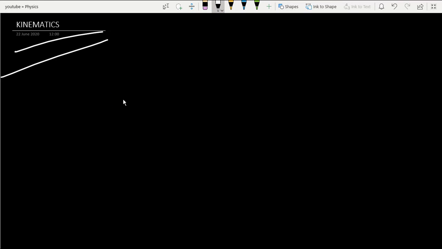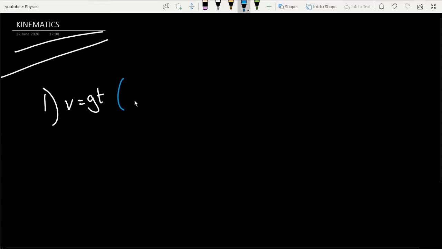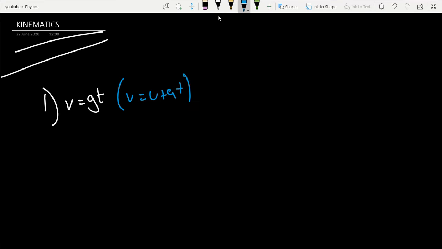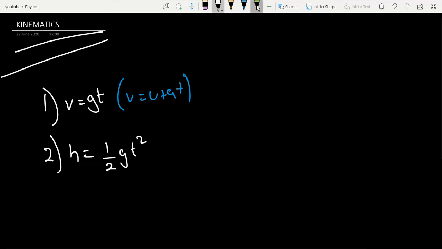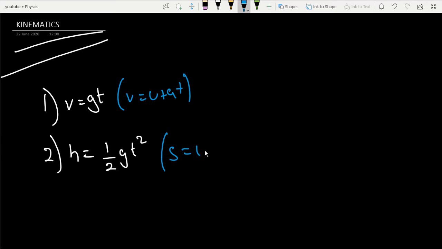Okay, good. So the first equation became v is equal to gt, which actually was v is equal to u plus at. The second equation is h is equal to half gt square, which actually was s is equal to ut plus half at square.